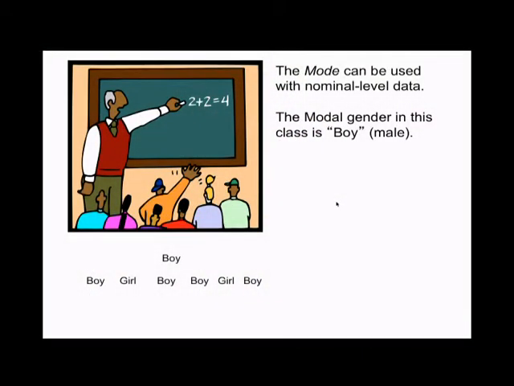You can't find the median. All you can do is to say what the most common state is. So that's the mode. So looking at this picture, we have a classroom with 1, 2, 3, 4, 5 boys and 2 girls. So the modal gender in that classroom is male. There are more boys than girls.